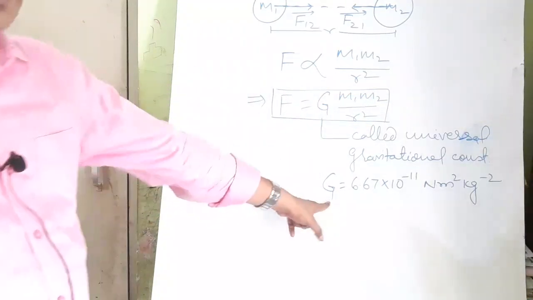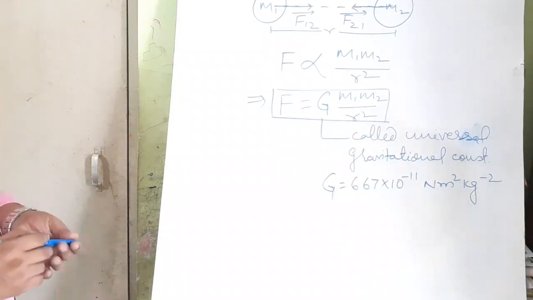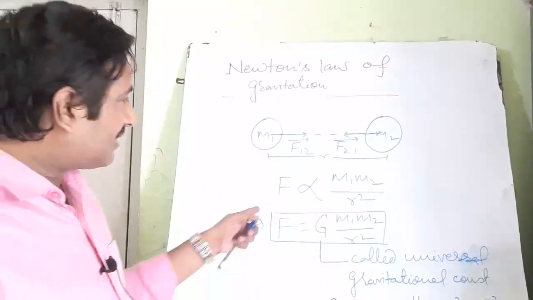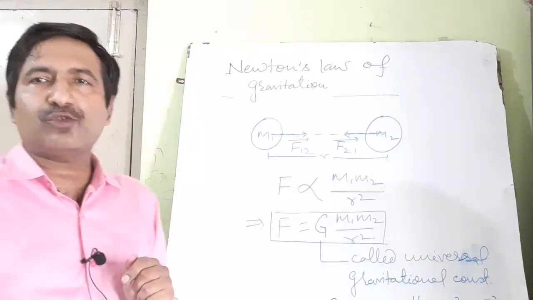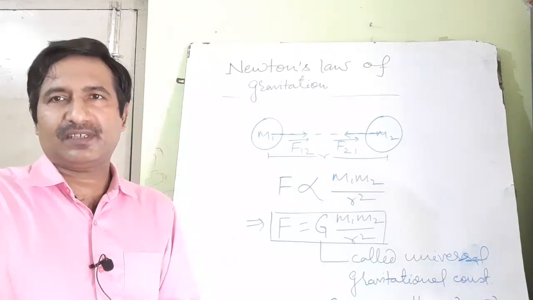This is why G is 6.67 into 10 power minus 11 Newton meter squared per kg squared. So this is the value of gravitational force acting between two bodies of masses m1 and m2. It is based on Newton's law of gravitation.